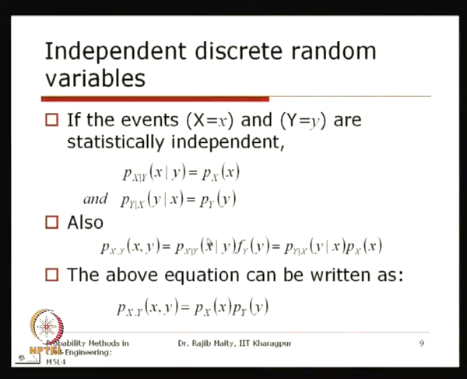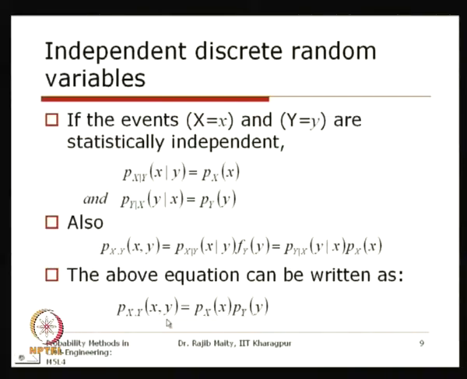Now, if we replace these conditional probabilities with what we discussed just now, that is, P(x given y) equals P(x), and P(y given x) equals P(y), then all these expressions lead to the joint density P_XY being equal to the product of their marginals.